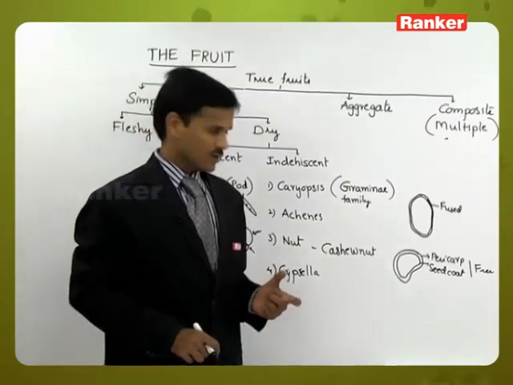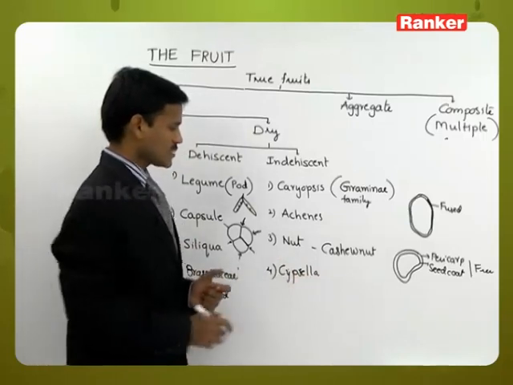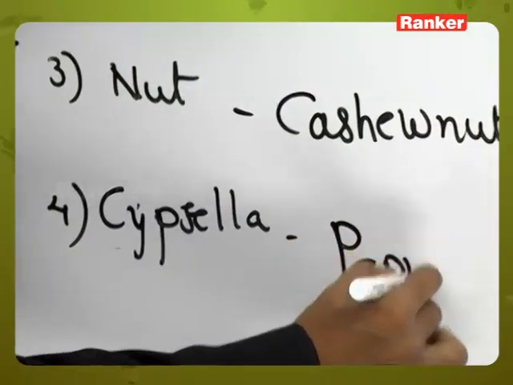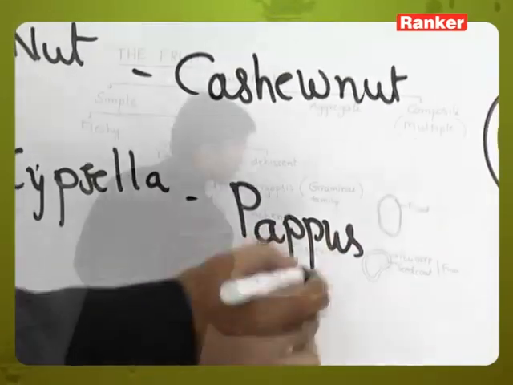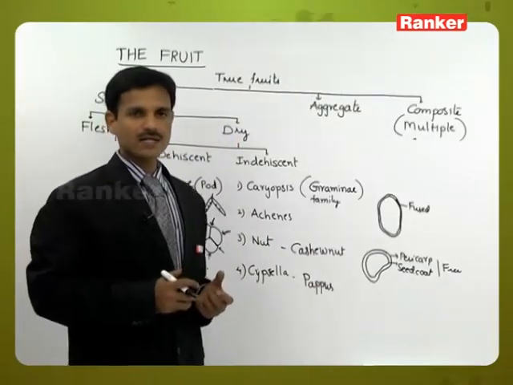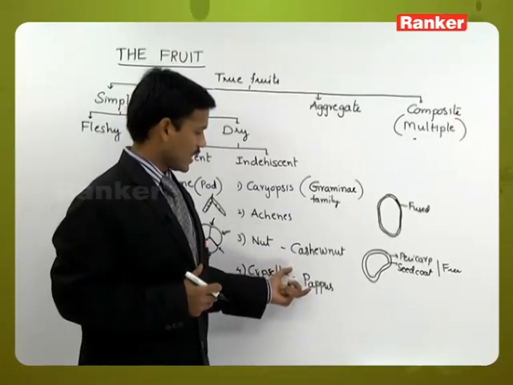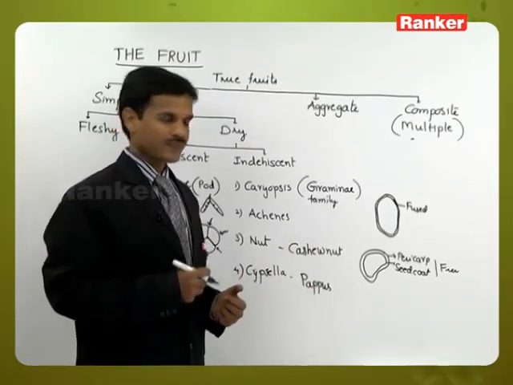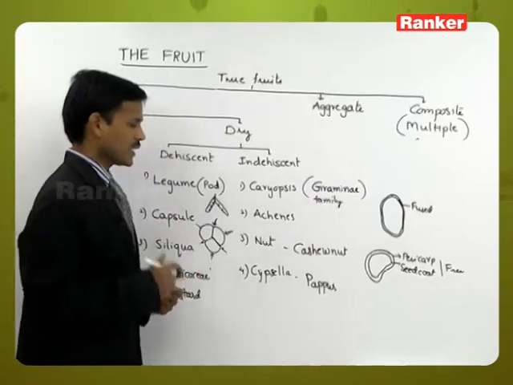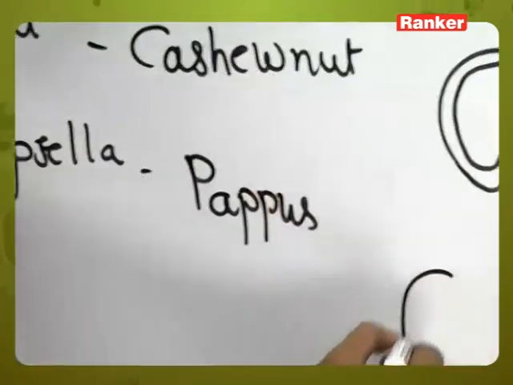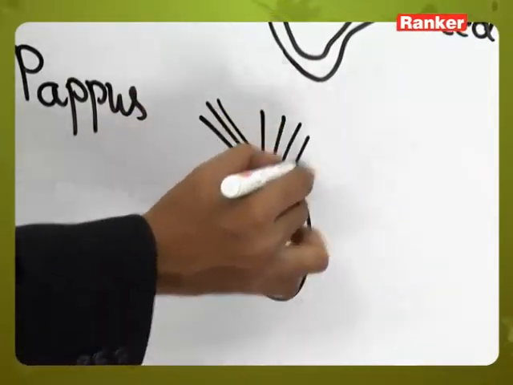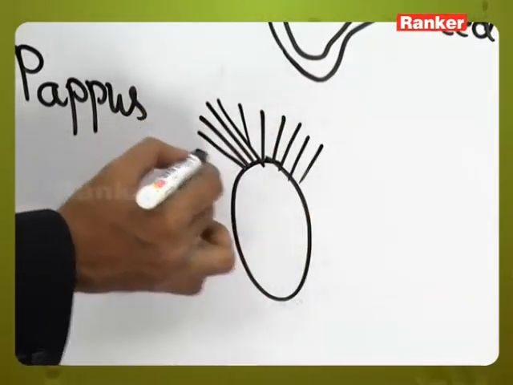And cypsela. A cypsela is characterized by pappus. What is pappus? We already discussed it in the calyx part. Pappus is also calyx, but persistent calyx. Persistent means permanent calyx. The fruit has hair-like structures, the calyx, attached to it.